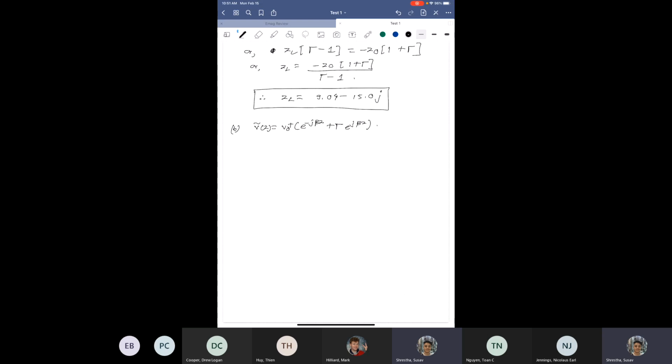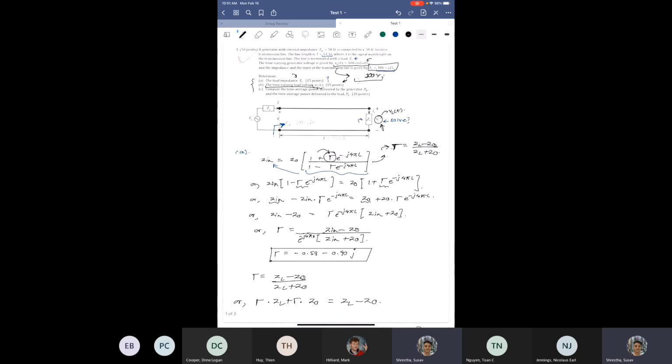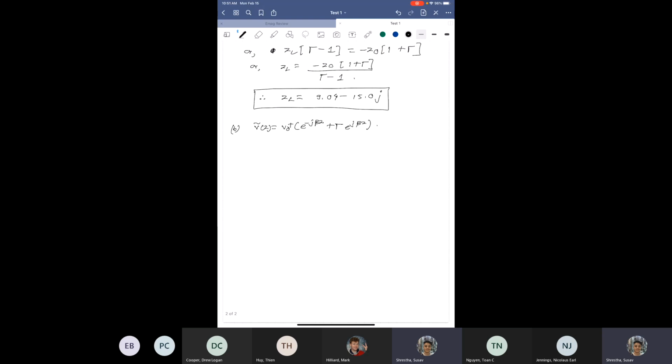That's the one we're looking for, right? If we know all the parameters in this formula, we can solve for V of z, basically, right? But what are we actually missing here?